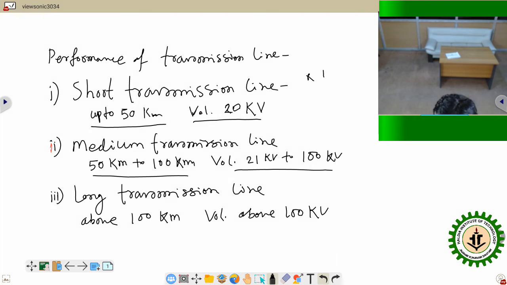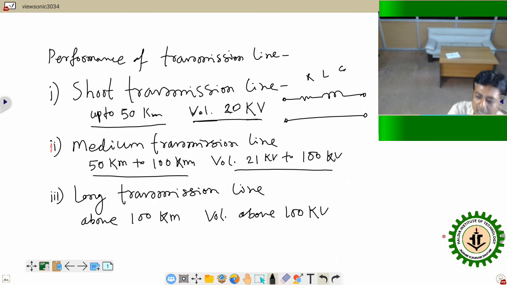In case of short transmission line, as the voltage level is less than the medium and long transmission line, here if I draw the diagram of this, see, only resistance and inductance we consider in that case. Here we do not consider the capacitance which is formed between the conductors.